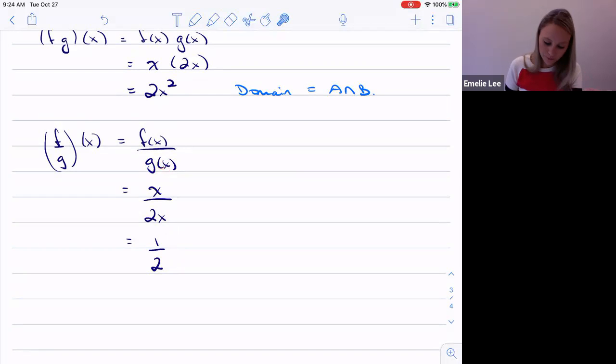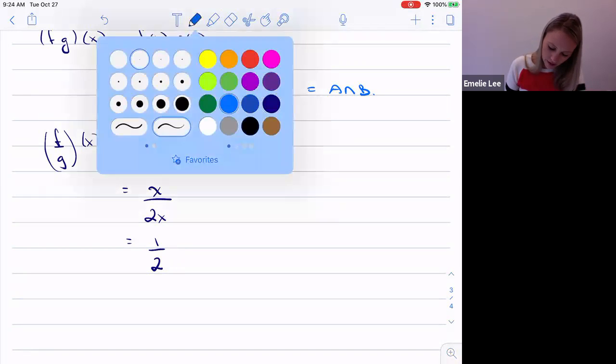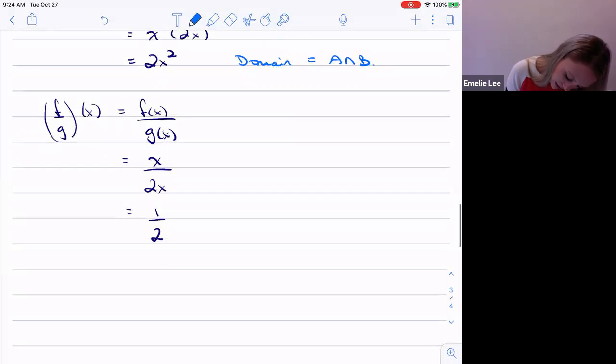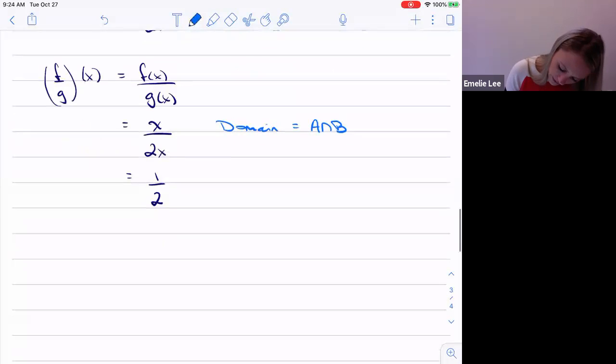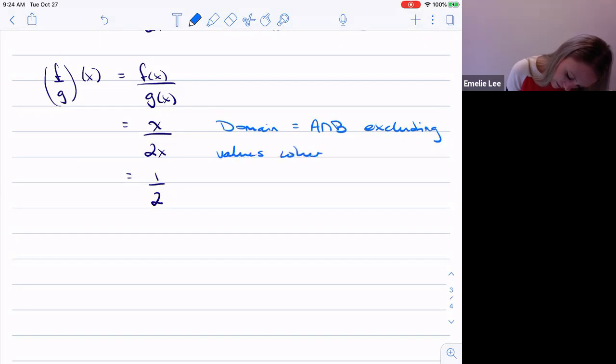And so here, the domain is A and B excluding values where g of x equals 0, since we cannot divide by 0.